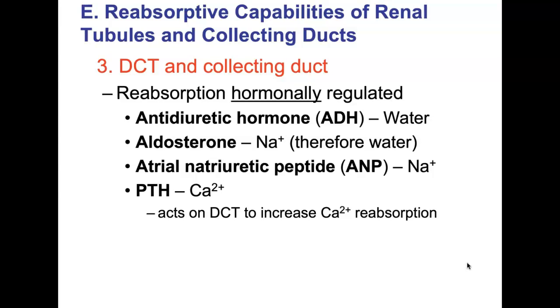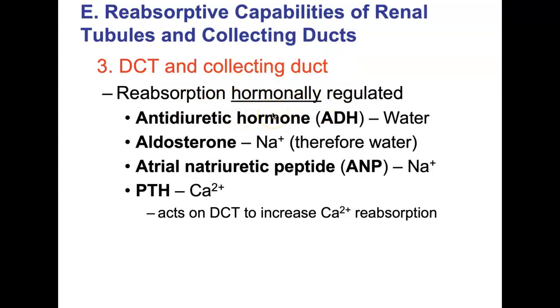Because most of the filtered water and solutes have been reabsorbed by the time the distal convoluted tubule is reached, only a small amount of the filtered load is subject to its fine-tuning: about 10% of the original filtered sodium chloride and 25% of the water. What's important to note here is that the reabsorption process in the DCT and collecting duct is hormonally regulated.